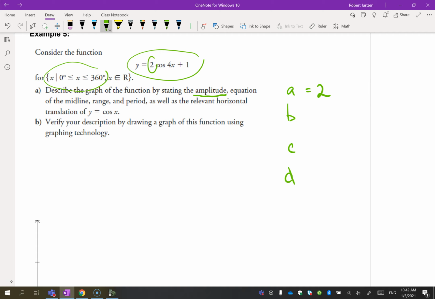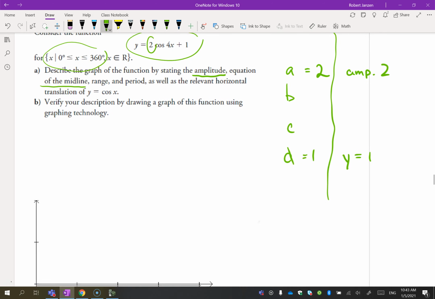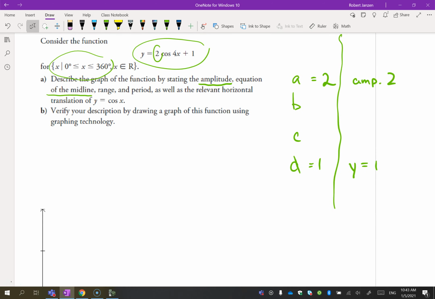Then it says the equation of the midline. The equation of the midline is D. D is 1. So the equation of the midline is y equals 1. So let's write here, amplitude is 2. Okay, what is the range? Well, we'll get to that in a second. The period.